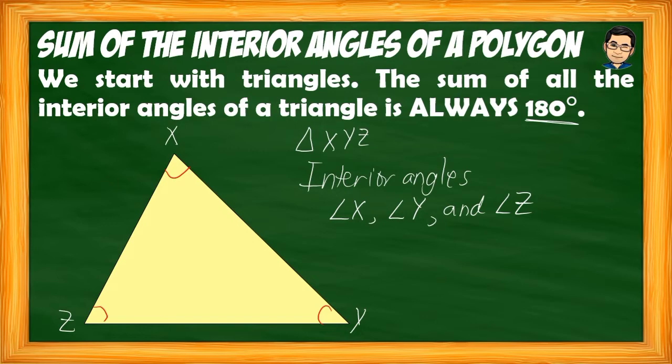This way: the measure of angle X plus the measure of angle Y plus the measure of angle Z is equal to 180 degrees. Yung M po, dinedenote niya po yung word na measure, sukat. Again, kapag pinag-add natin yung measure ng angle X, angle Y, and angle Z, the sum will always be 180 degrees.